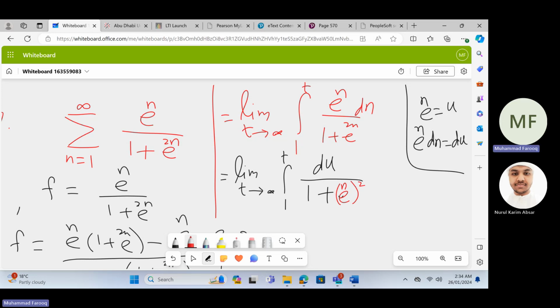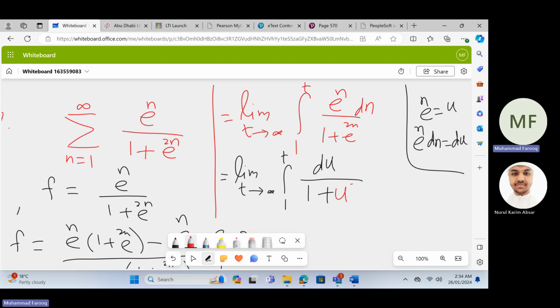Power and power become multiplication: e to the power 2n. That's why, since e^n equals u, it becomes u squared.